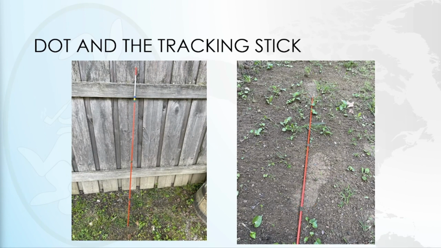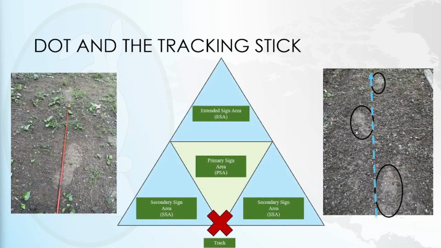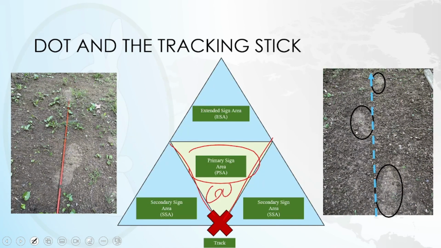So this next slide here tells us exactly how we need to sweep. Whenever we're sweeping for the next track, the area immediately in front of the last known track is considered the primary spore area, the primary sign area. That's this one here. Anything within this little triangle, this sweep, we're looking at about a 60-degree sweep off of that track, okay?